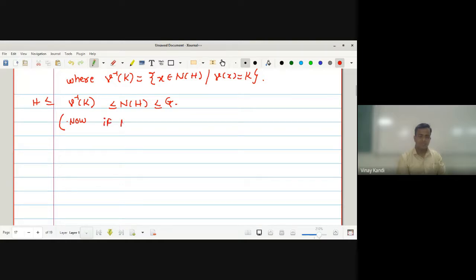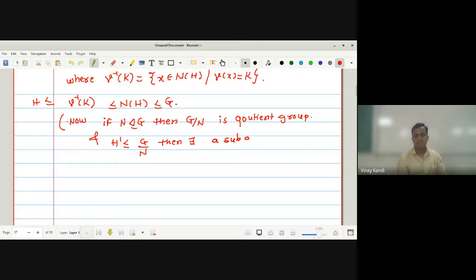If N is normal in G, then G by N is the quotient group, and H dash is a subgroup of G by N. So H dash is a subgroup of the quotient group G by N. Then there exists a subgroup H of G such that H dash is equal to H by N. Okay, we have this result.